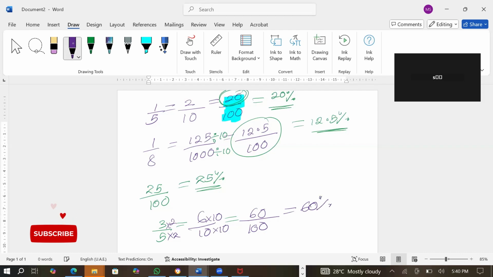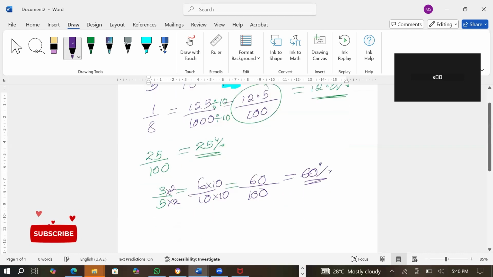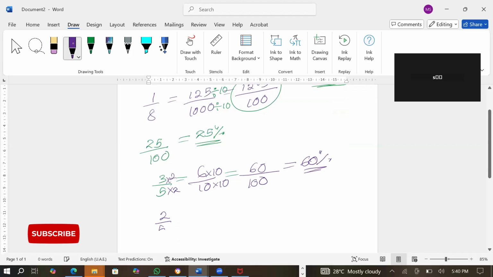60%. One more example. 2 over 5. Follow the same steps. Will you give me a few minutes? Yeah. 40%. 40%. Right? 4 over 10. 40 over 100.